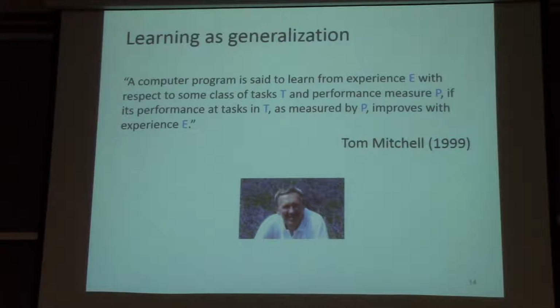We'll talk about what it means. A program is said to learn if, as experience is increased, its performance in the task T improves objectively according to the performance measure P.